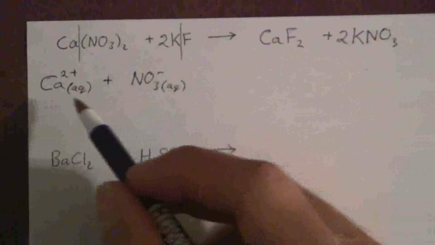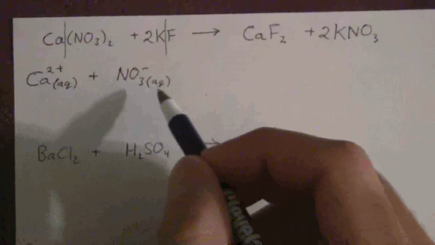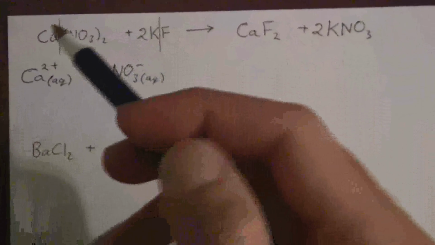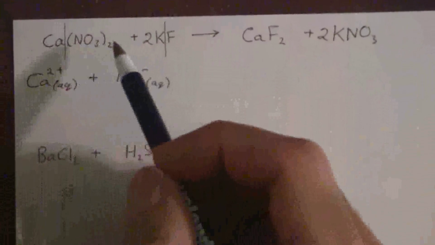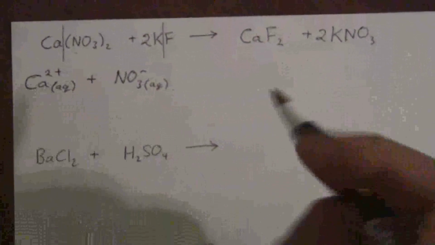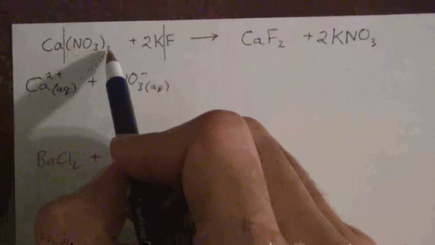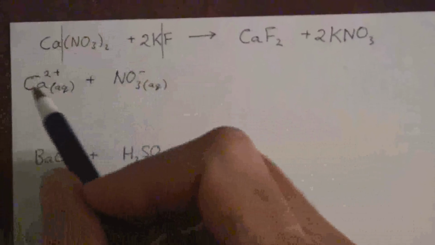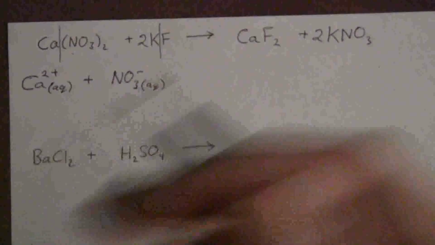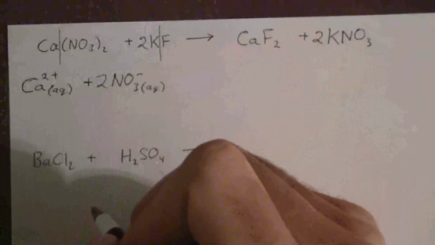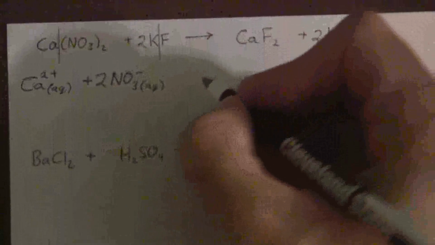Any ion is going to be aqueous because it's the water that is pulling those apart or allowing that to dissolve. Okay, but let's pay attention to this. We have two nitrate ions, so when they separate, I have two separate nitrate ions. So that's going to come out like that. Okay.